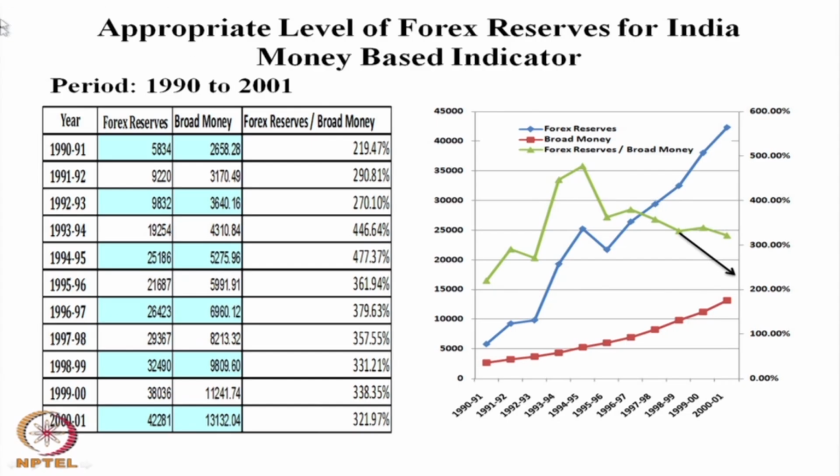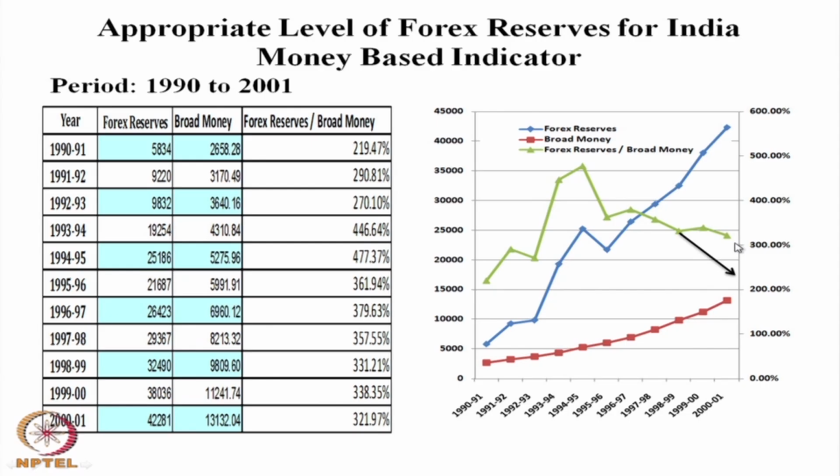If you see the money based indicator for 1991 to 2001, the forex reserve is growing. At the same time, the broad money supply, the red color, is also growing. But the green color line indicates the forex reserve to broad money supply. This has been fluctuating over the years, and it is quite high in 95-96, after which it reduced significantly.